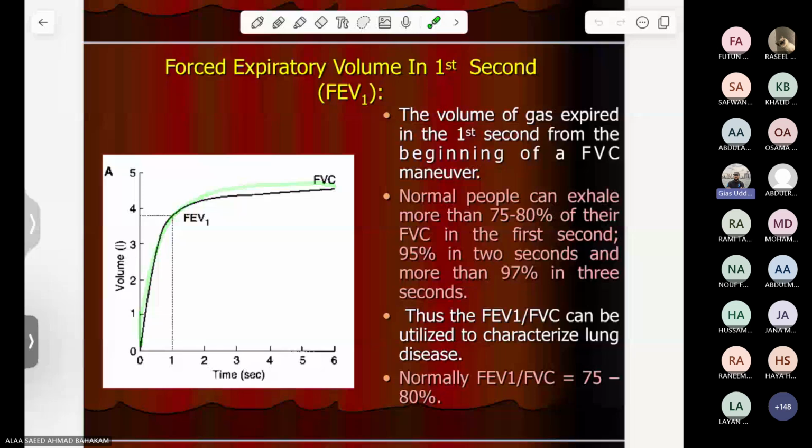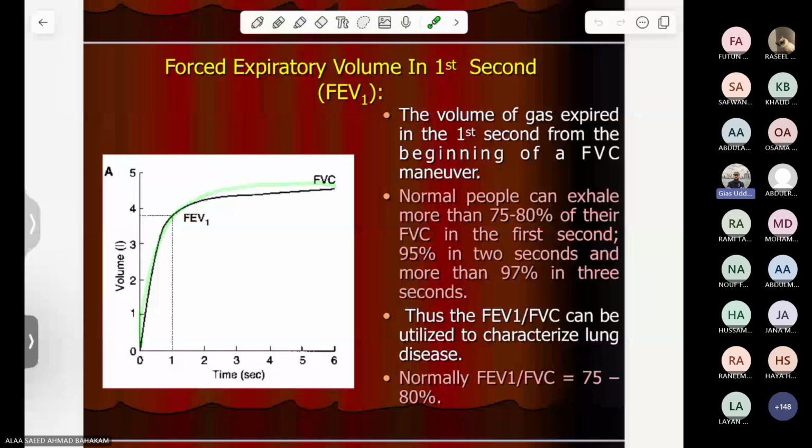Let's say 4.5. So if you do the ratio, what is the ratio? Maybe 75 to 80%. Yeah, 80%. So this is normal. In normal people, the ratio of about 75 to 80 is normal.